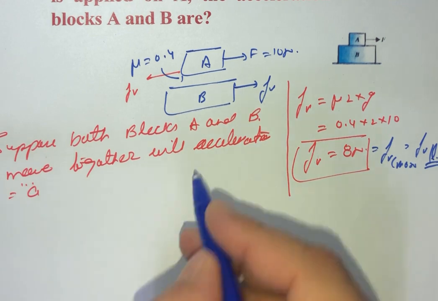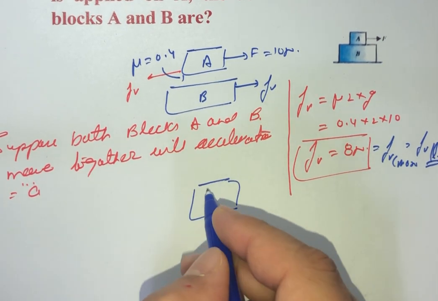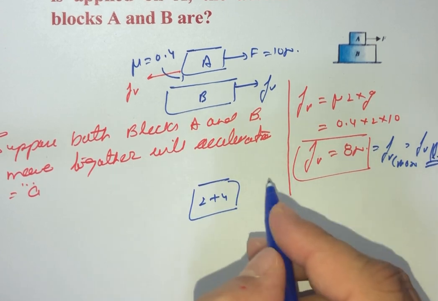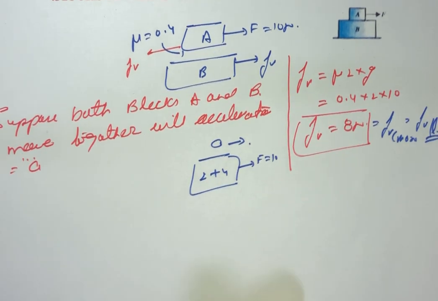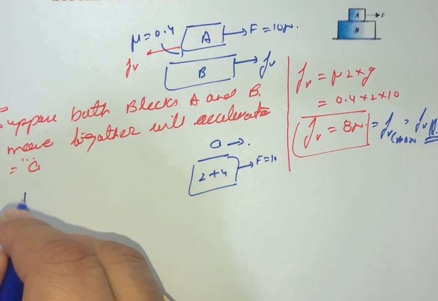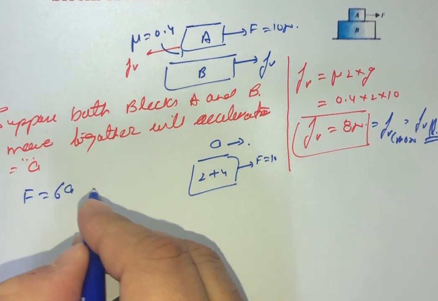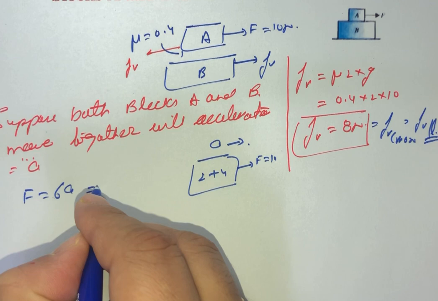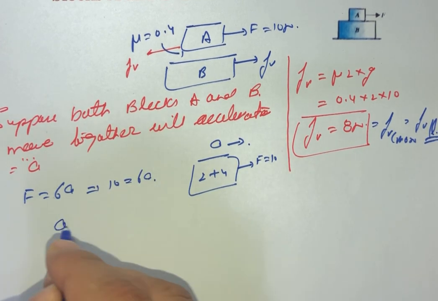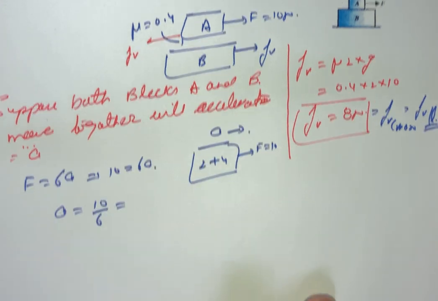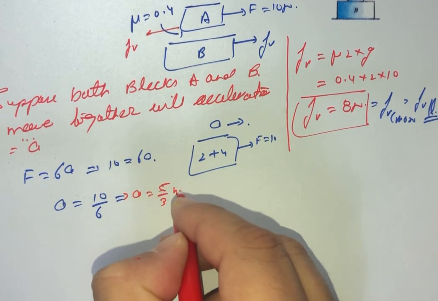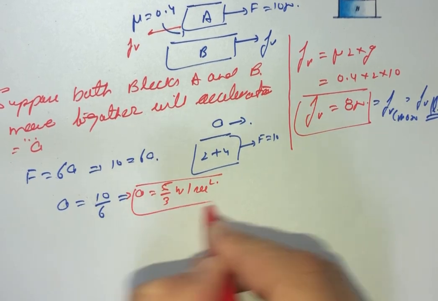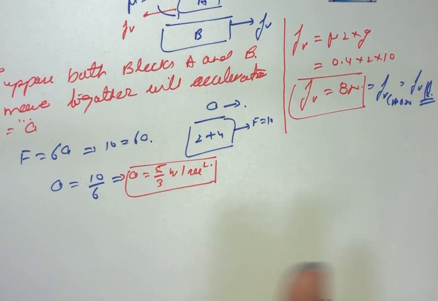So we have A plus B, that is 2 plus 4, and force F is being applied, which is 10 Newton, and a is the acceleration. So we can say our F is equal to 6a. F is our 10, so 10 is equal to 6a, or a is equal to 10 by 6, which will be coming as a is equal to 5 by 3 meter per second square. Okay, so this is the value of the acceleration when both are moving together.